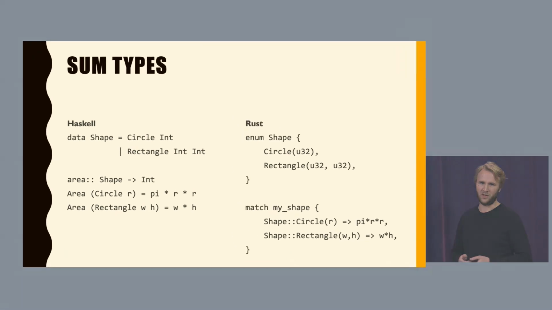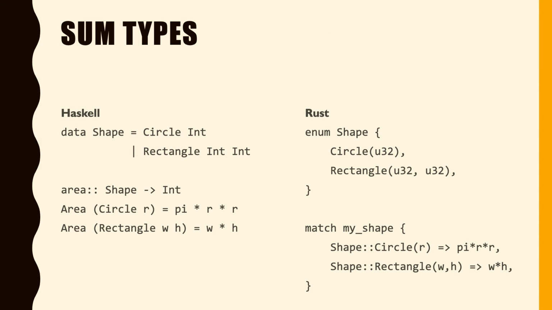And here's pattern matching. A key, well-known feature to Haskell developers, and also available in some form in most functional programming languages. In Rust, we do this using the match statement.